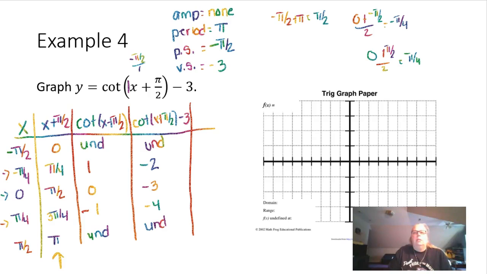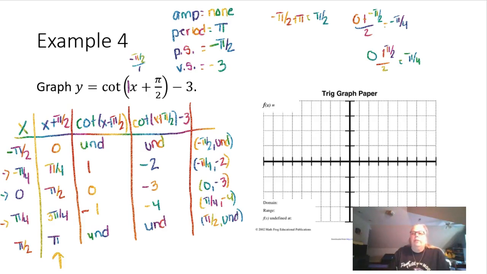All right, so our ordered pairs: at negative pi over 2 it's going to be undefined, so that means asymptote. At negative pi over 4, we're going to be at negative 2. At 0, we're going to go to negative 3. At positive pi over 4, it's going to go to negative 4. And then at positive pi over 2, again, it's undefined, so that means asymptote.